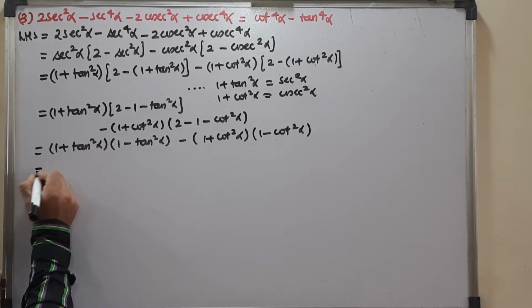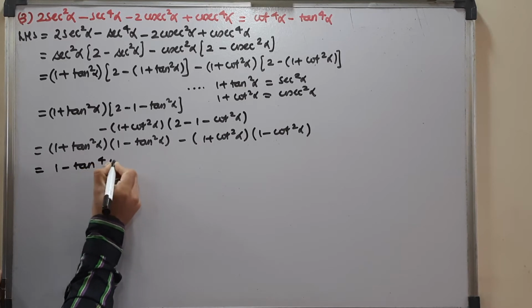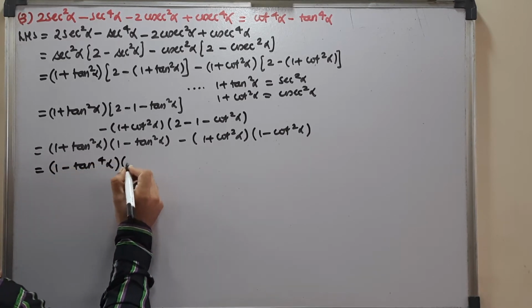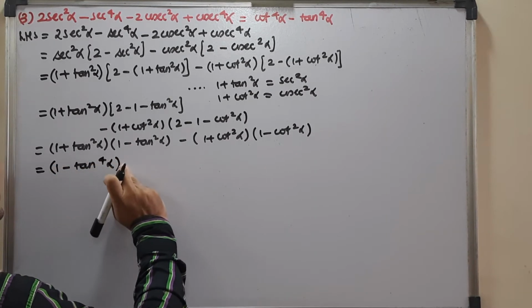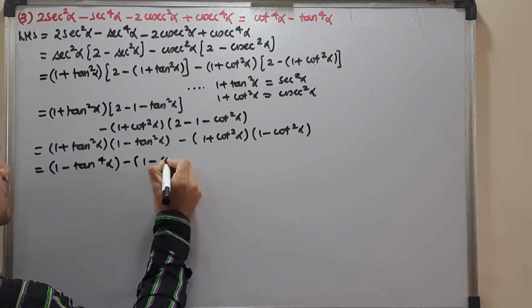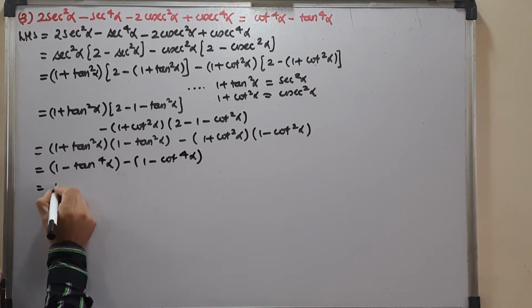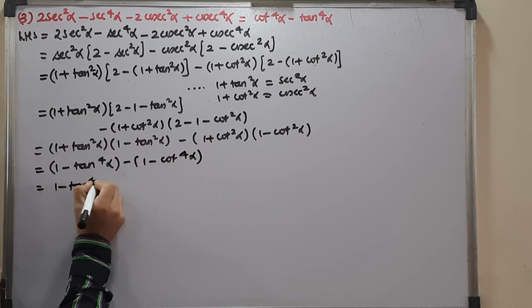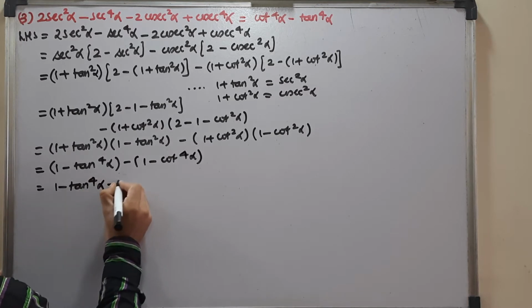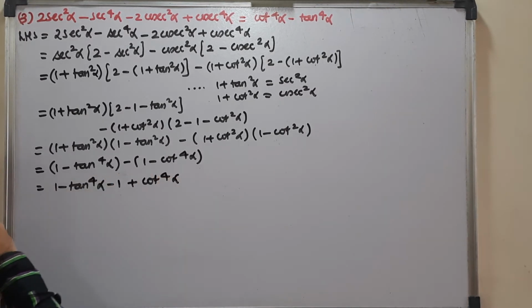So what I get here is 1 minus tan raised to 4 alpha, and here is minus 1 minus cot raised to 4 alpha. That is 1 minus tan raised to 4 alpha minus 1 plus cot raised to 4 alpha.